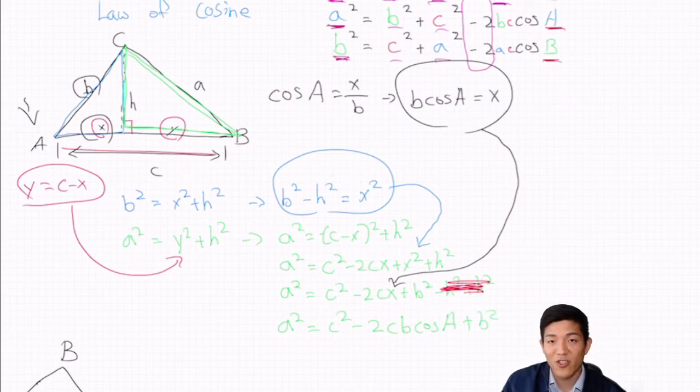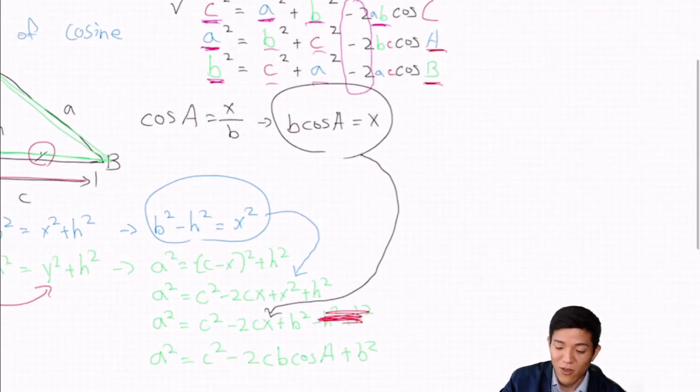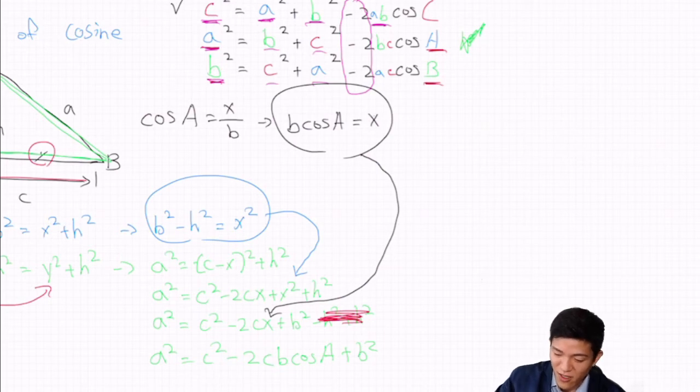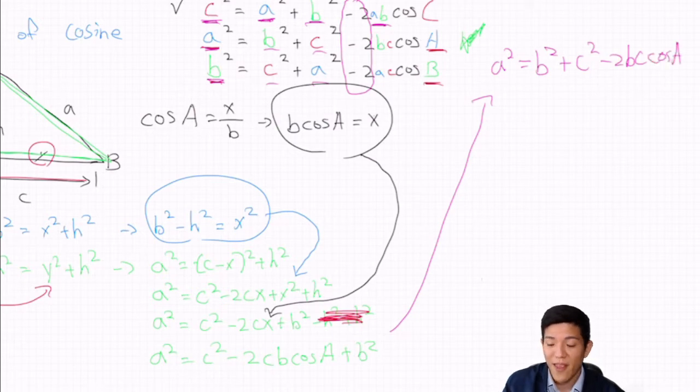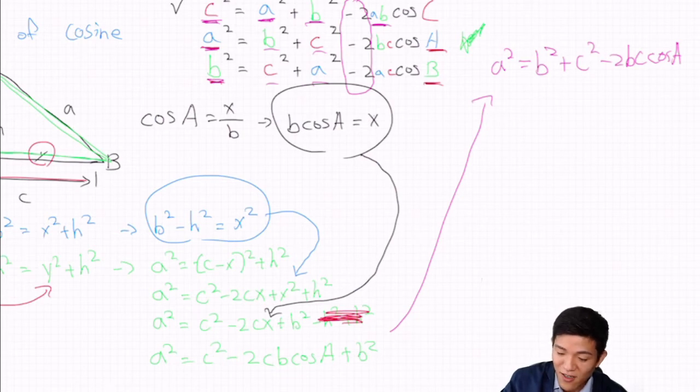And if I rearrange that like how the law of cosine is written over here, we're looking at the second one, this one. Let me write it side by side up here. A squared is equal to, I'm going to write the b squared first, plus c squared minus 2cb, so I can just change it to write bc, minus 2bc cosine of angle A. And that looks exactly like the second one right here.